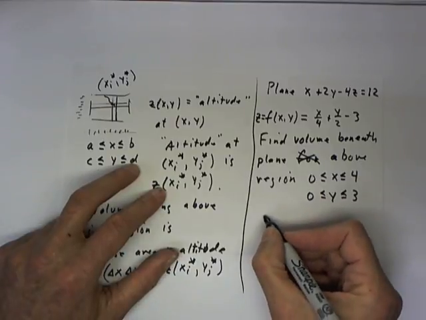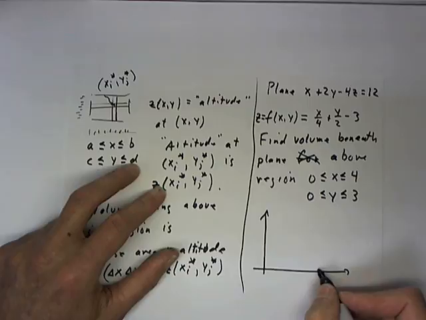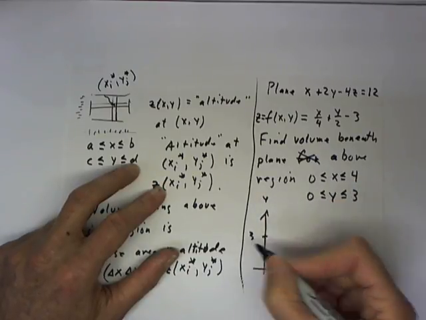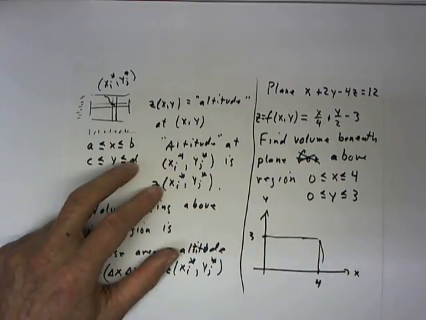That region could be sketched like so. If this is x and this is y, here's 4, here's 3, here's our region.